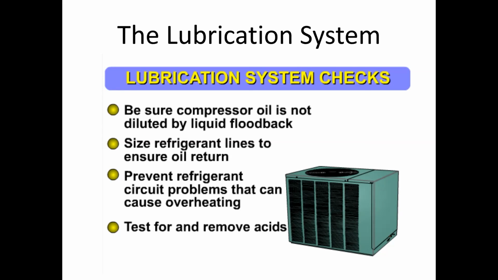And if you happen to suspect that there's oil or you have a burnout, you've got to test for acid, and there's an easy way. There's a very simple way to test for acid, where you use some paper and you push a little plug or a dimple on that test device on your liquid or suction line, and just a little bit of refrigerant will let you know on that paper whether there's acid present.